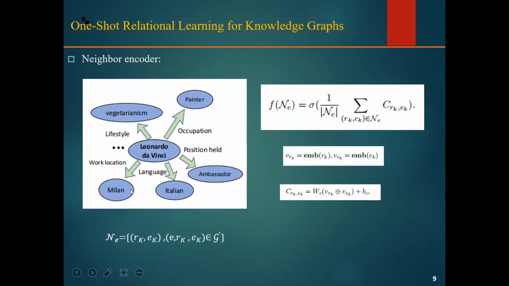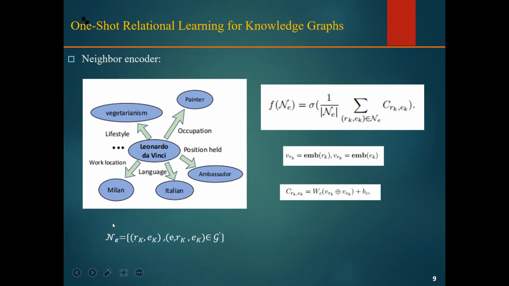One hop means one relation at a time. So the painter here, its relation to another entity, is not included. This is the one-hop neighbors.